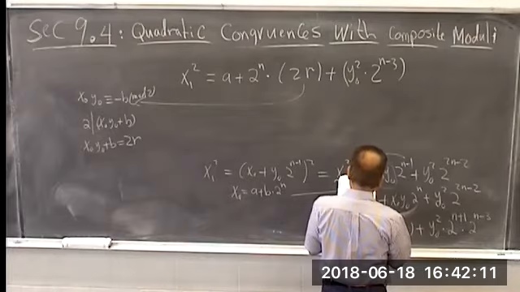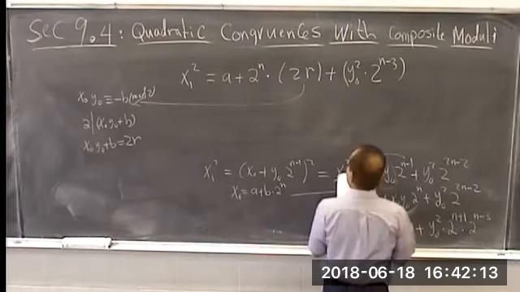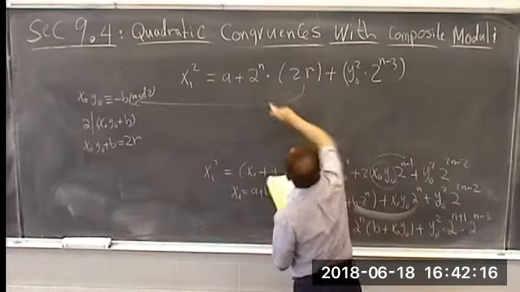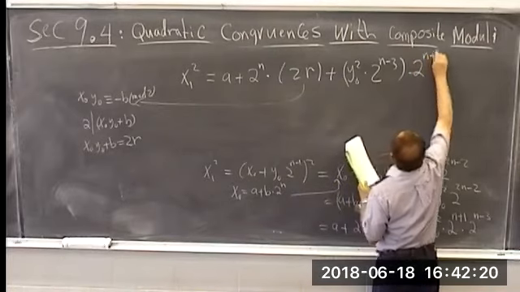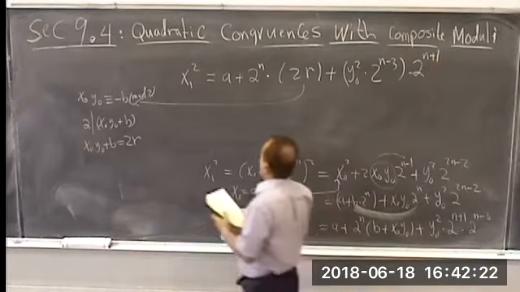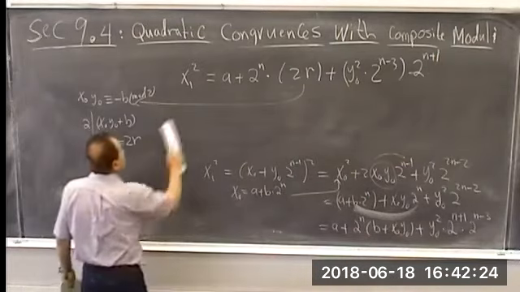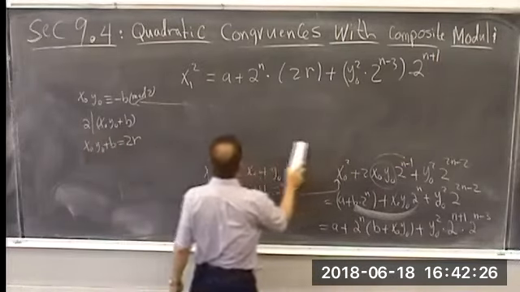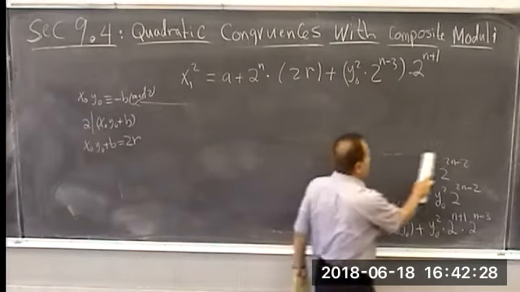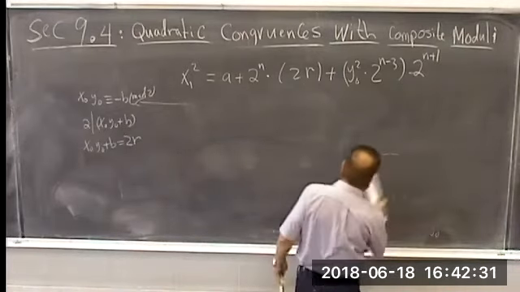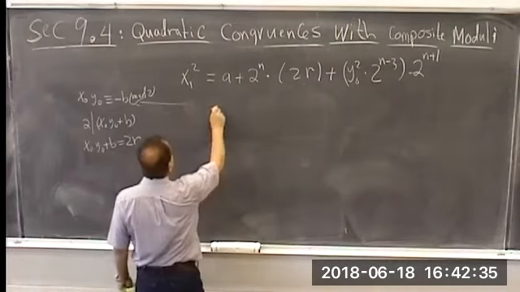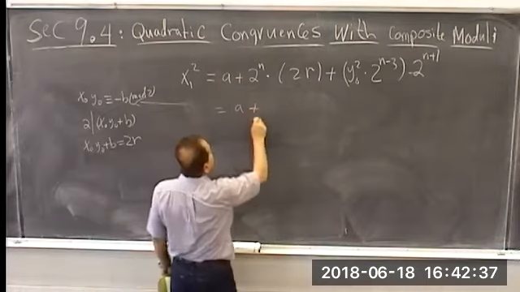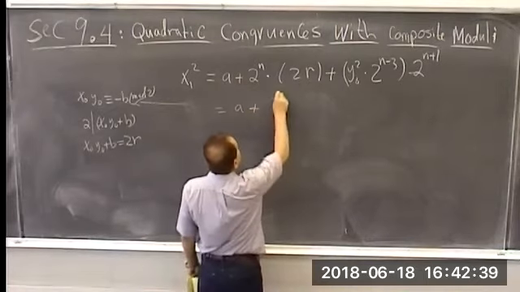And then we need to have another 2, and then this one 2n plus 1. All right, one more equality, and then we're going to take mod 2 to the power n plus 1. So this is equal to a plus 2 to the n plus 1.